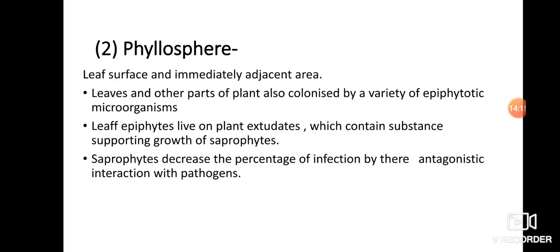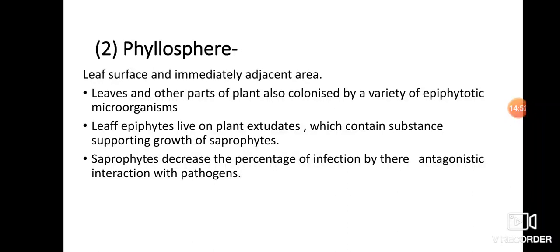Second biotic factor is phyllosphere. The phyllosphere is the leaf surface and immediate adjacent area. Apart from pathogenic microorganisms, leaves and other parts of the plant are invariably colonized by a variety of epiphytic microorganisms. Leaf epiphytes live on plant exudates, which contain substances supporting growth of saprophytes.